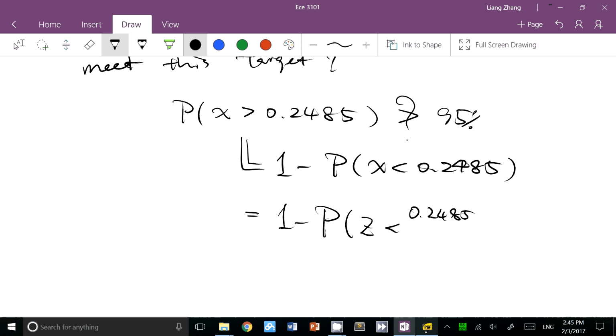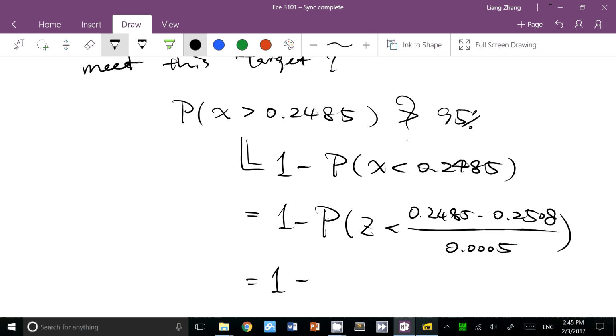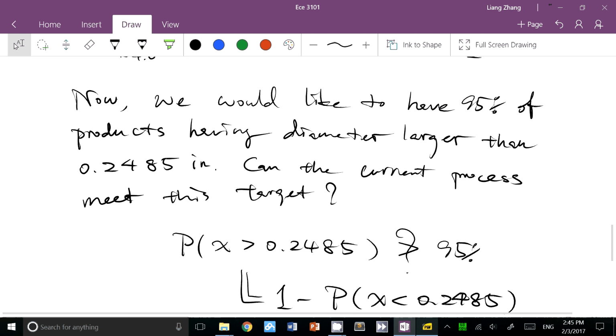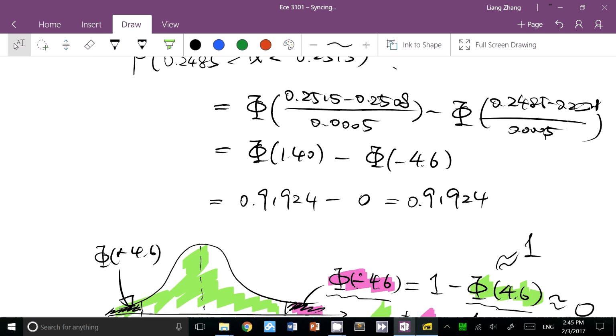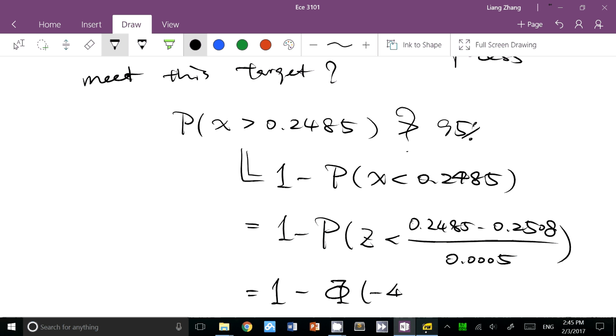Meaning 0.2485 minus 0.2508 divided by 0.0005. So we have 1 minus, this is something we did earlier, phi of negative 4.6, which is approximately equal to 1, since this phi is approximately 0.